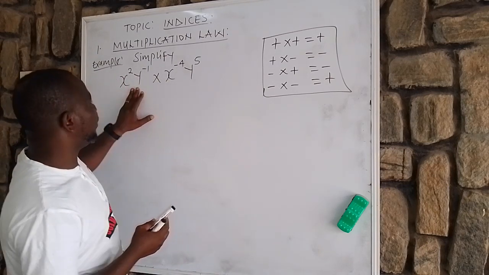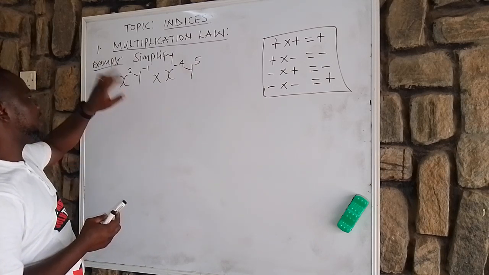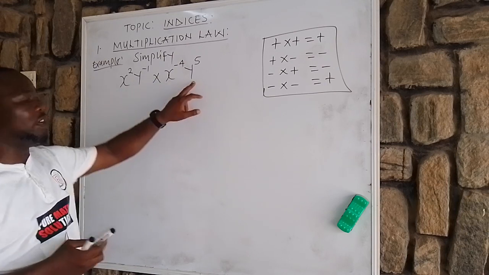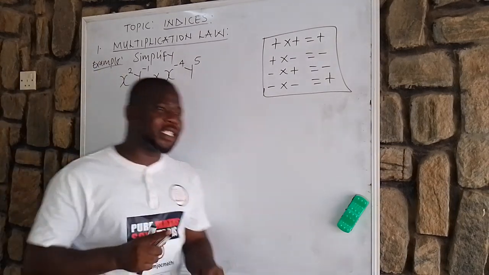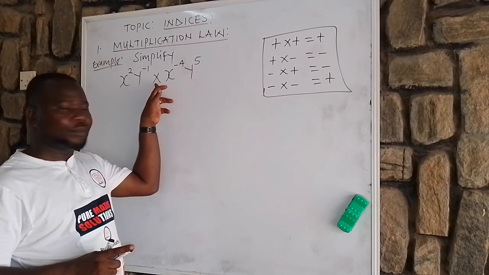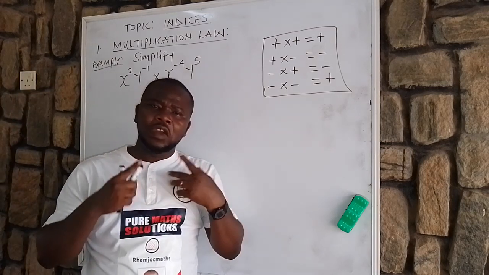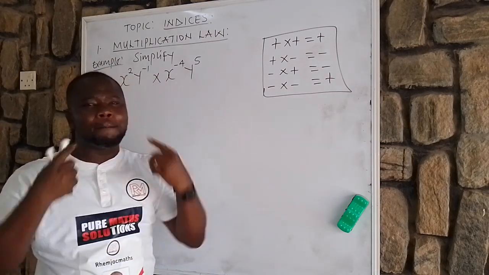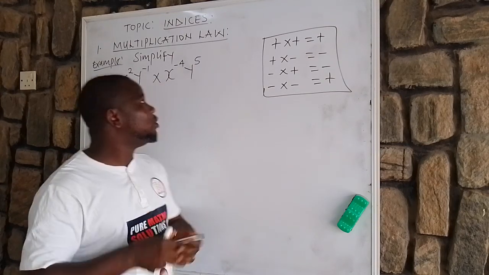Here you discover that we have two bases, x and y. Here too we have x and y. The most important thing you have to consider is the operation in between them. What is the operation in between them? The operation in between them is multiplication. So you must make use of multiplication.